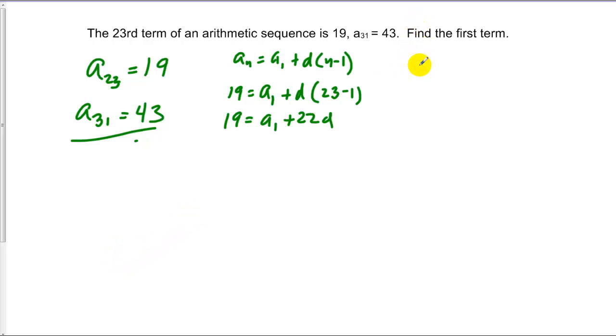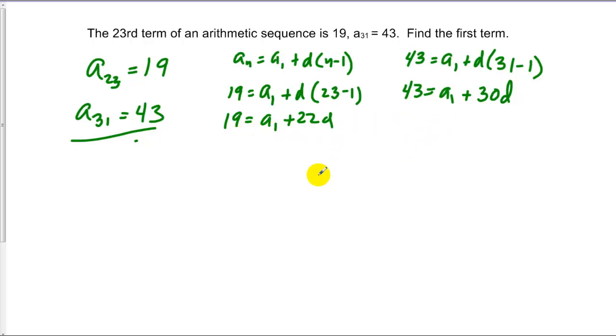In this case, you'll notice I have the nth term of 43 equaling the first term plus the difference times, in this case, my 31st term minus 1. So 43 is equal to my first term plus 30d.